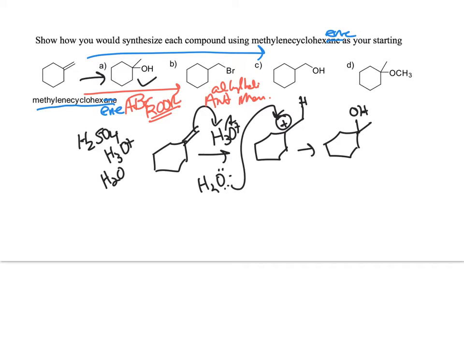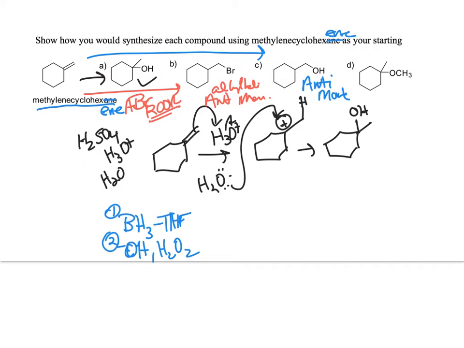Okay. The alkene going to the anti-Markovnikov alcohol. That is BH3·THF. And then you react it with sodium hydroxide and hydrogen peroxide.